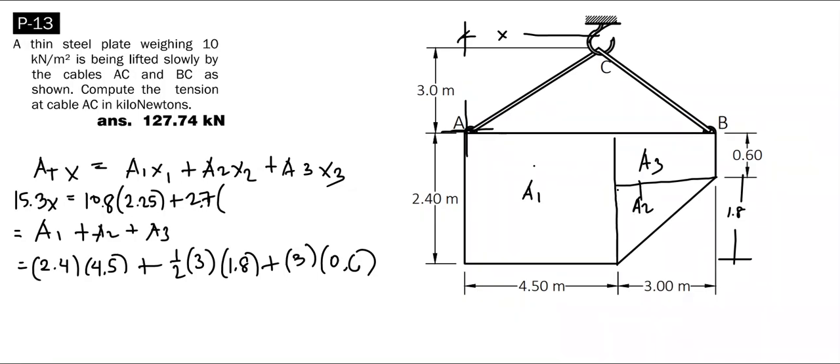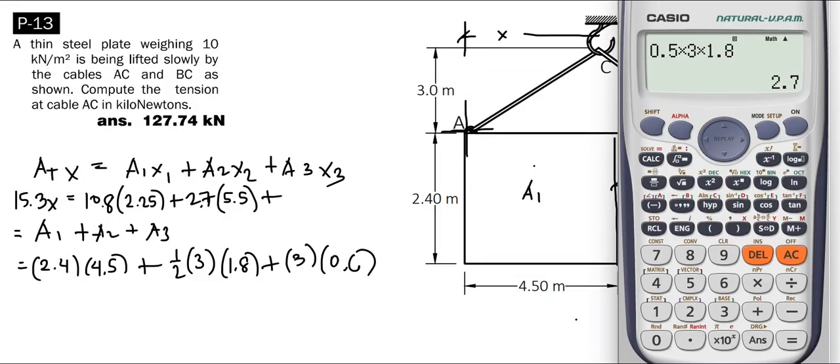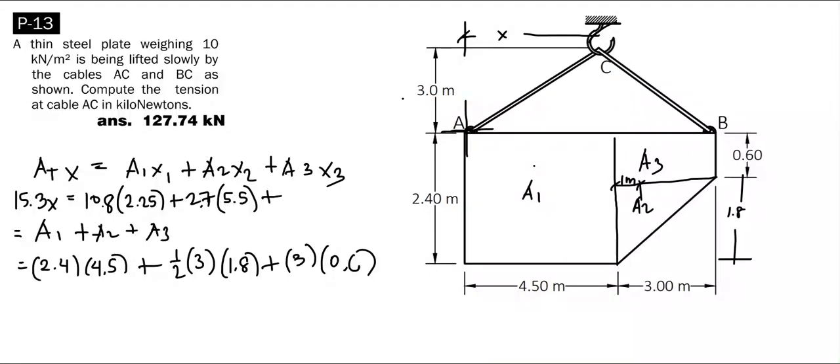So this is 1 meter plus 4.5, that's 5.5 meters. For area 3, that is 3 times 0.6, or 1.8. The distance from point A to its centroid is 4.5 meters plus 1/2 of 3 meters, equal to 6 meters. Now we can solve for x.